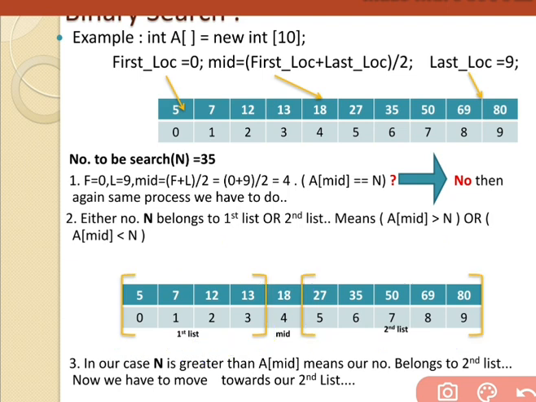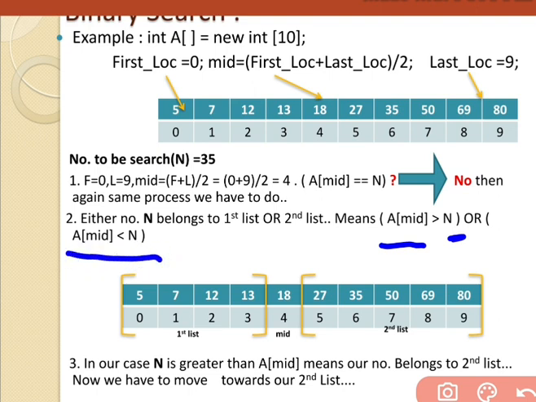Now how are we getting the first and second list, and how are we going to know which list our number belongs to? See the second point. Either number n belongs to the first list or the second list, in any of them, or maybe not. Then what do we have to do? We have to check whether the number is smaller than the mid location element or a larger one.